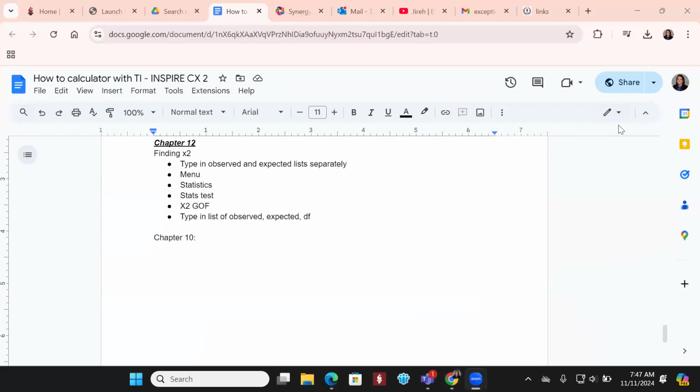All right, so you're going to hit a new page, go to calculate, okay, then you're gonna hit menu, and then statistics, and then you're gonna go to confidence intervals. And then you're gonna do 2 sample t interval.